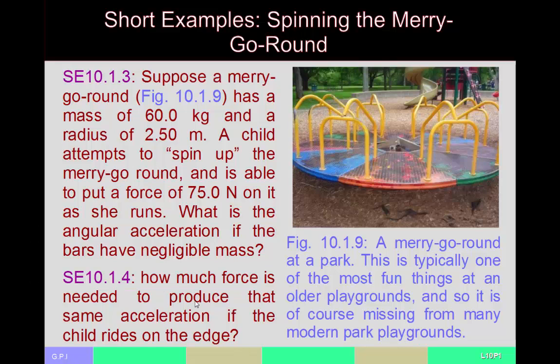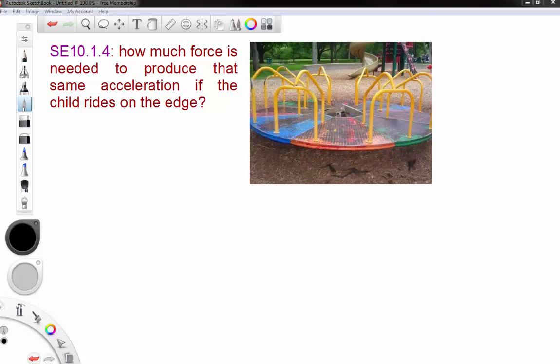The other part of this example is, suppose that the child is now riding on the edge of this merry-go-round and somebody else is trying to supply the force and hence the torque in order to spin this up. How much force would they need to supply in order to get that same 1 radian per second squared acceleration?